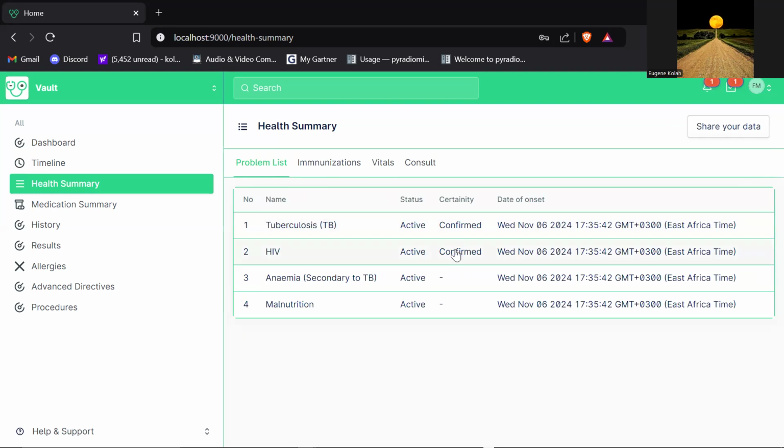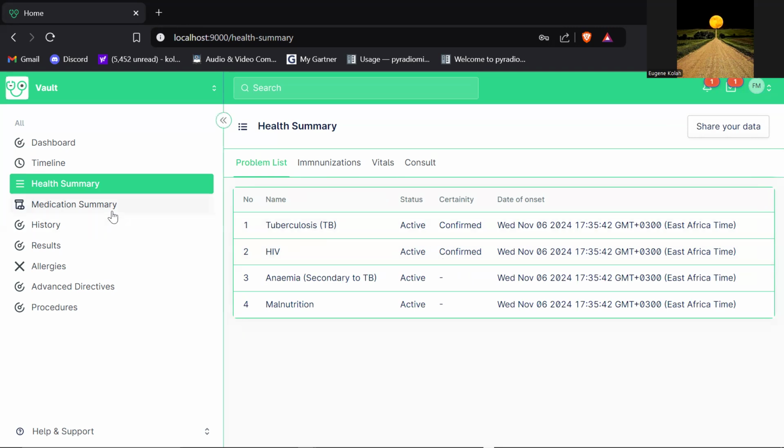She can also see her problem list, and we've taken this problem list as the recent diagnoses that have been either confirmed or are in the process of being confirmed.